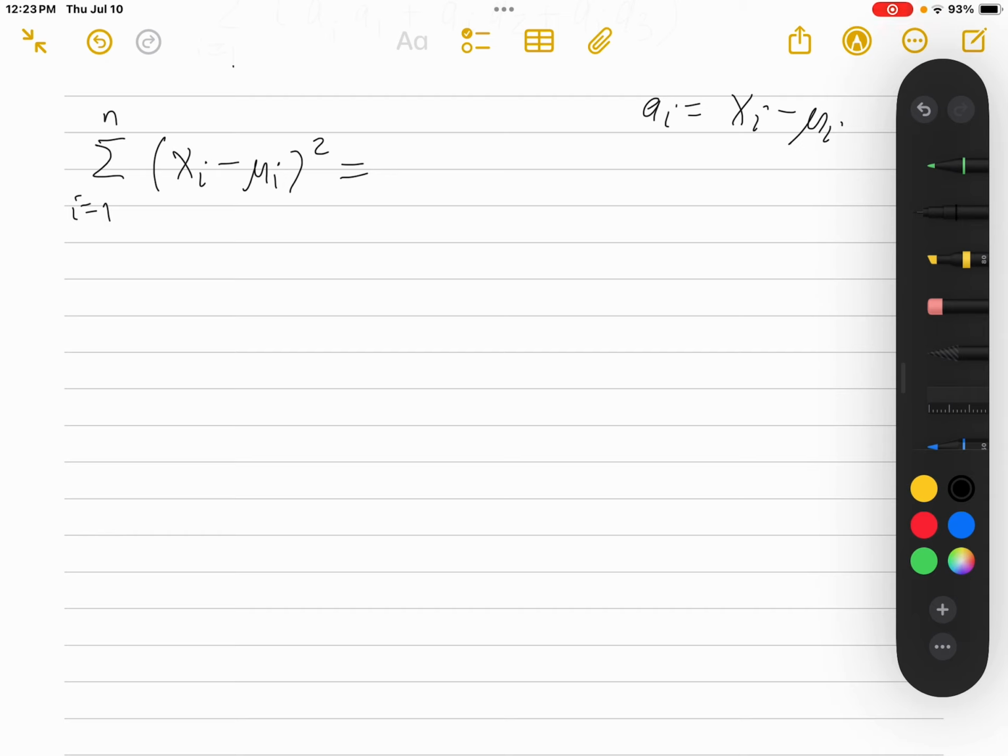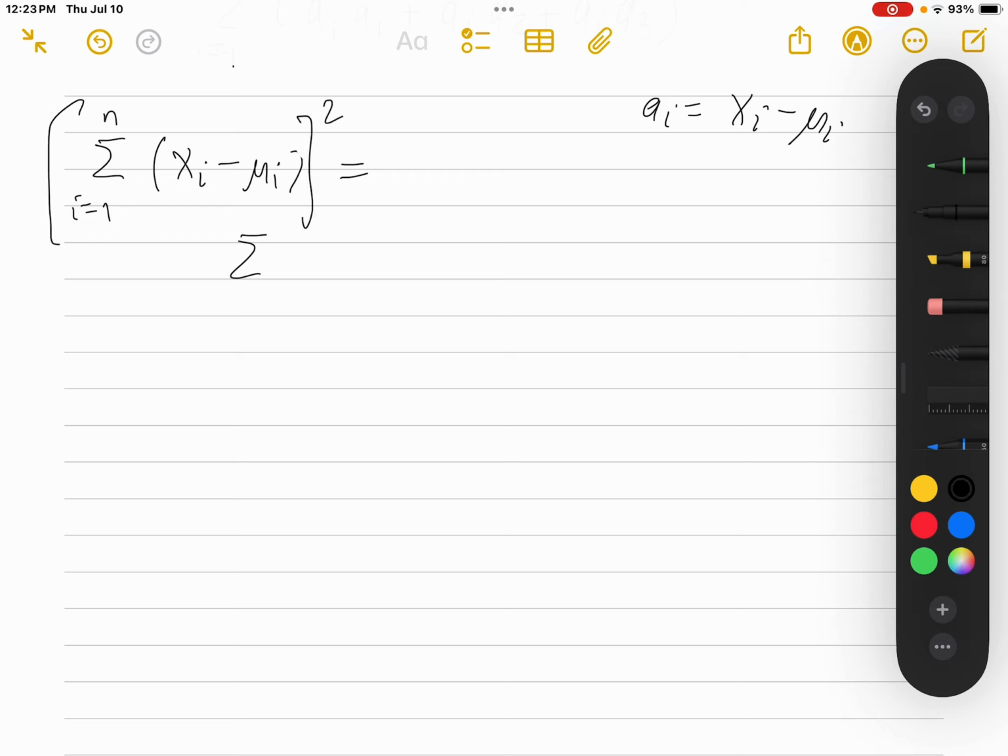So if you plug it into the formula, oh, sorry, I am squaring the whole thing.